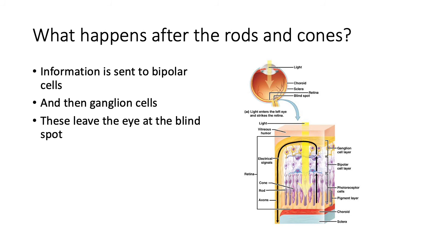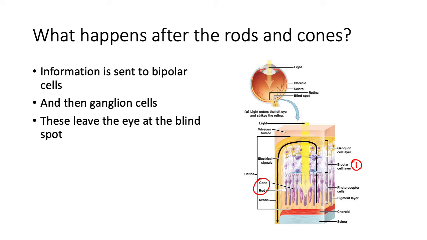And then just again to highlight what's going to happen, how do we get to the brain to tell our brain that we are seeing? Again, our rods and our cones will be activated, and they're going to send a signal to the bipolar cells. The bipolar cells are a type of neuron.